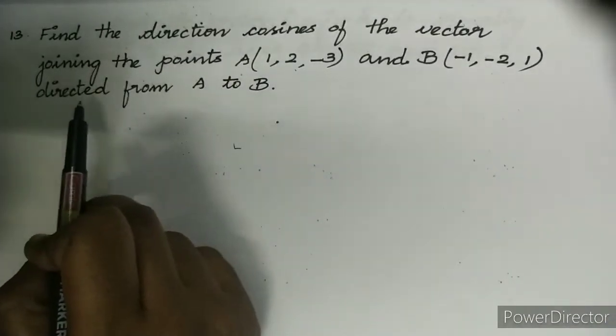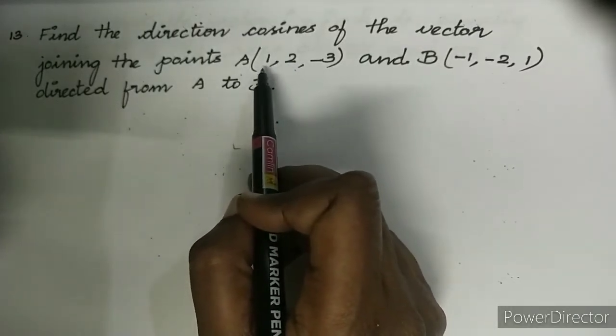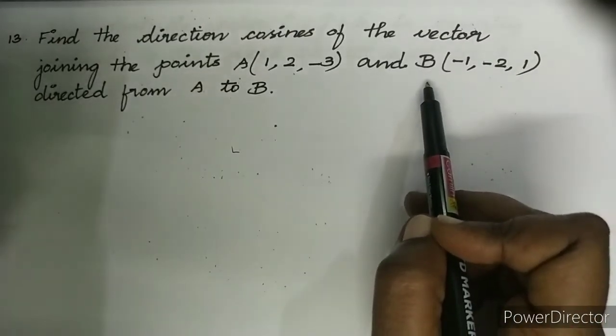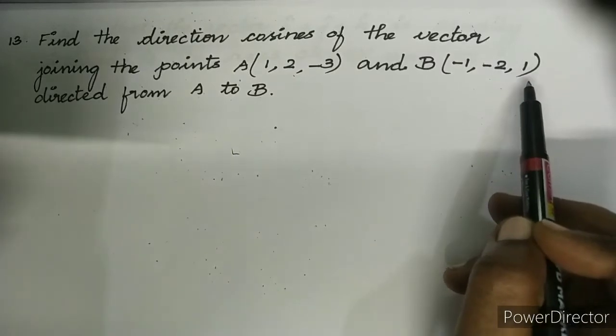Since it is given that it is directed from A to B, our initial point will be A, that is 1, comma 2, comma minus 3, and our terminal point will be B, that is minus 1, comma minus 2, comma 1.